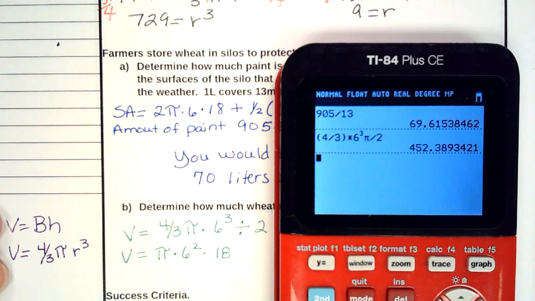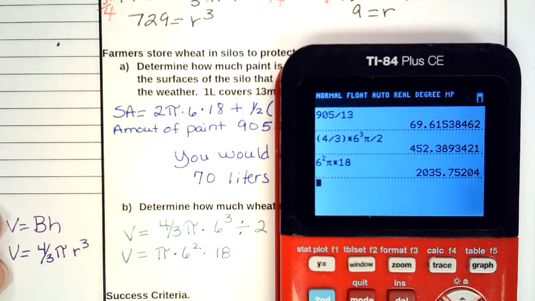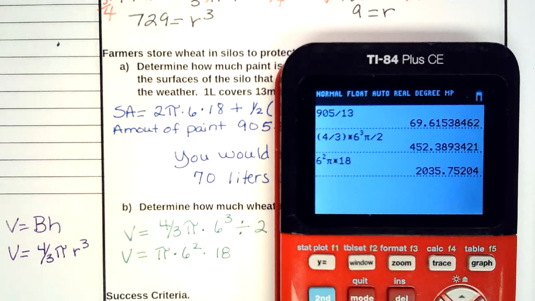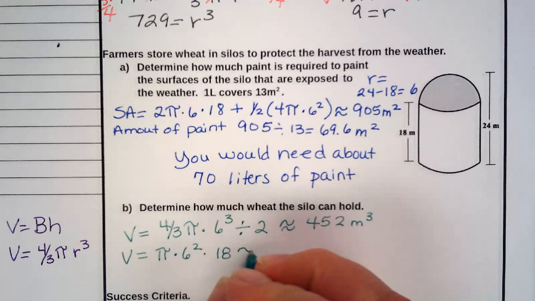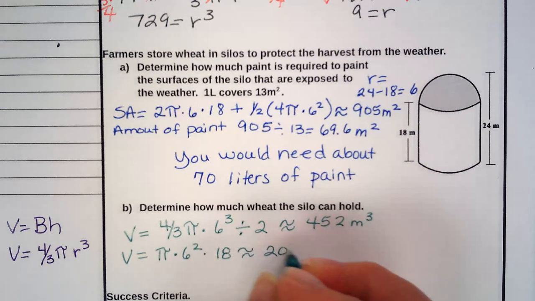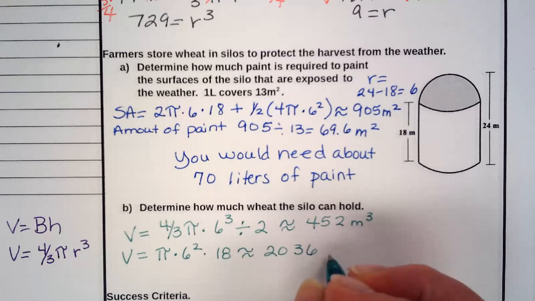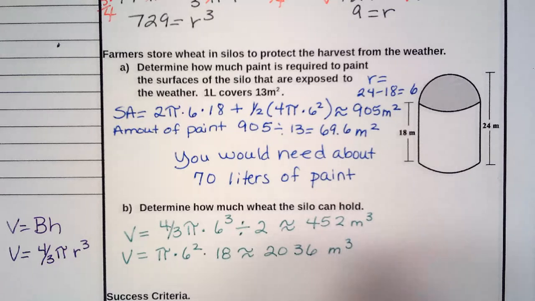So 6 squared pi times 18. And we get 2035.7, which would mean 2036 meters cubed.